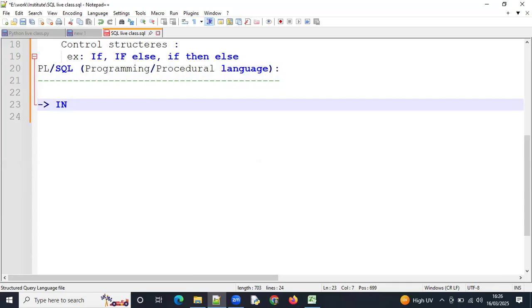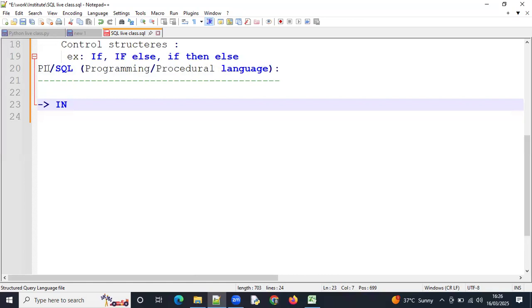In PL SQL, we can write programs using SQL queries. But in a non-procedural language, we will not write programs, we will write only queries. In SQL, we write queries, but in PL SQL, we write programs using SQL queries.